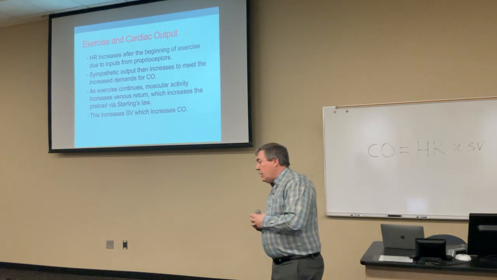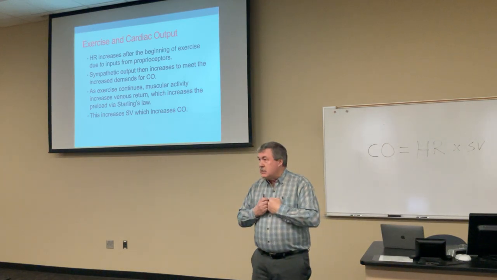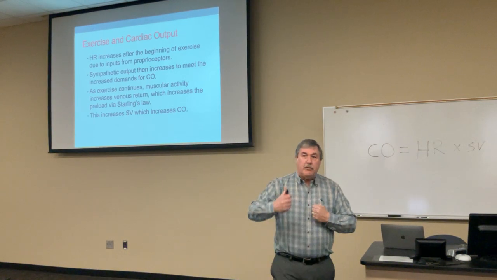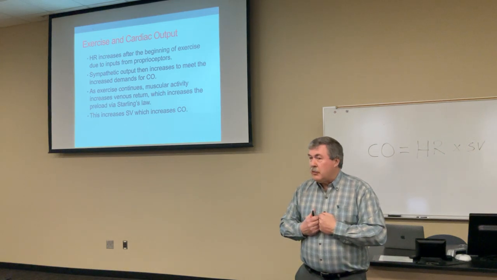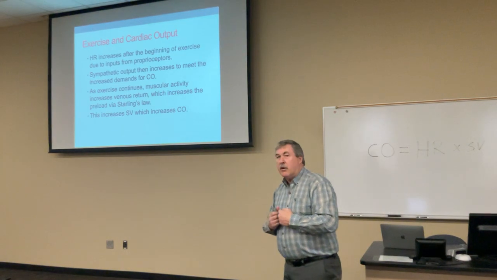And so when your muscles in your legs contract, it actually squeezes the blood in the veins, and that pushes the blood upward through the veins up towards your heart, and that increases venous return to the heart.